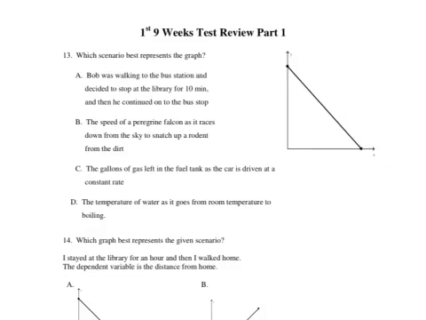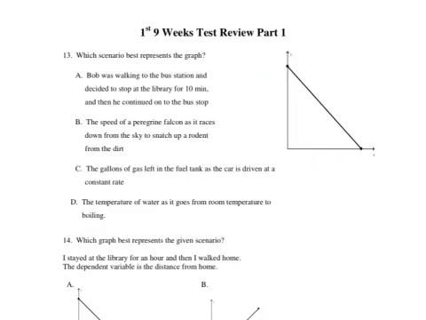So Bob was walking to the bus station and decided to stop at the library for 10 minutes, and then he continued on to the bus stop. So if we're looking at what our axes would be, we're talking about time, and we're talking about distance to the bus station. So this would be distance, this would be time.